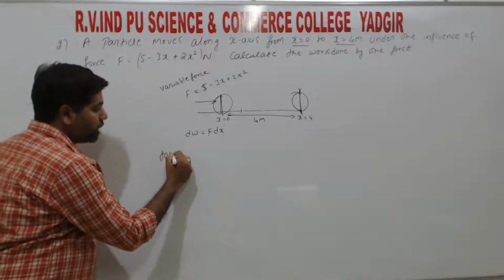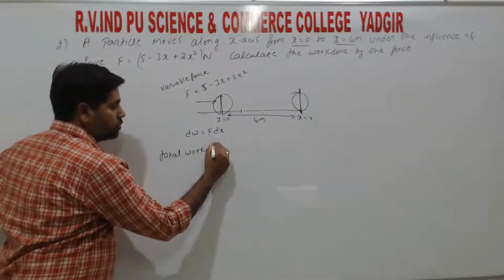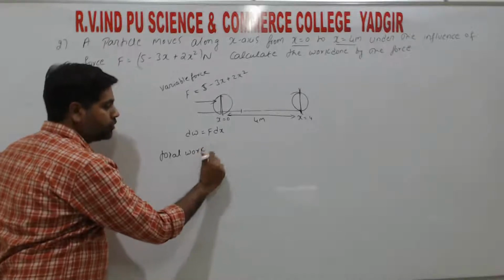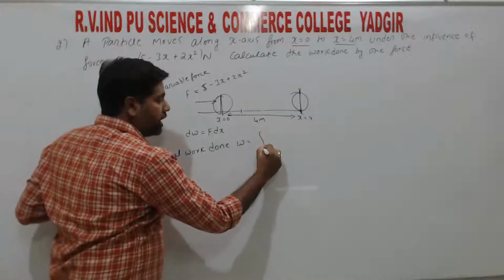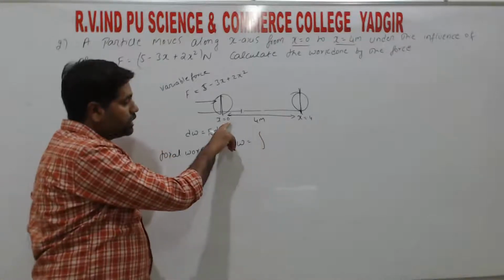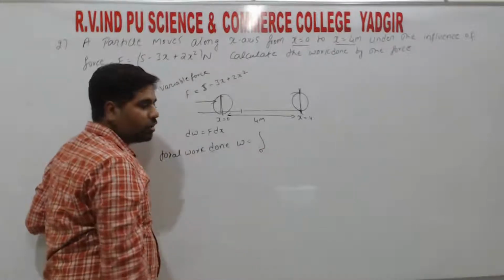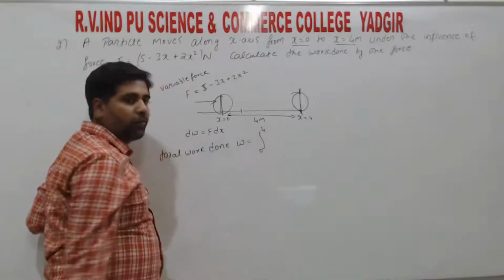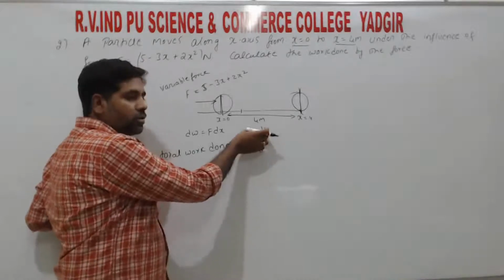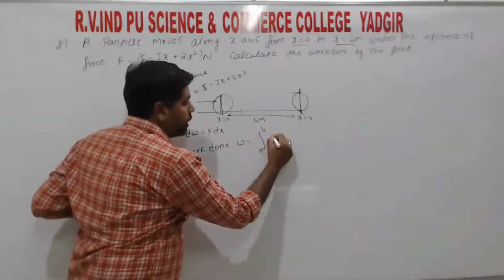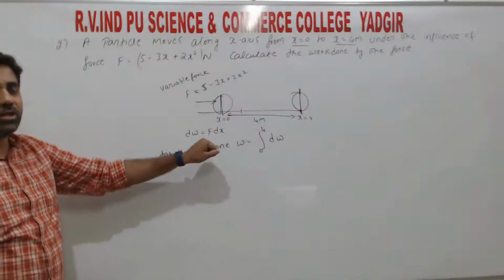So total work done for variable force, W equals integration. Where is it displaced from and to? From 0 to 4. So initial is 0 and final is 4, right? So total work done is the integration with limits 0 to 4 of dW. So we take integration, or we take summation.